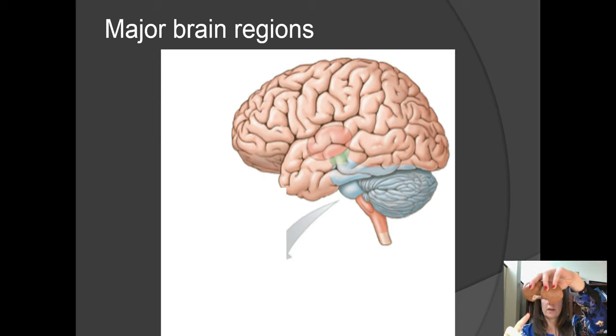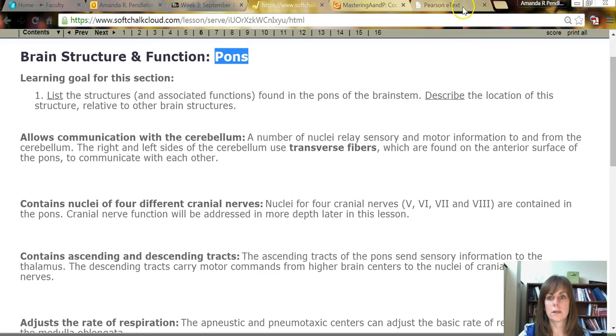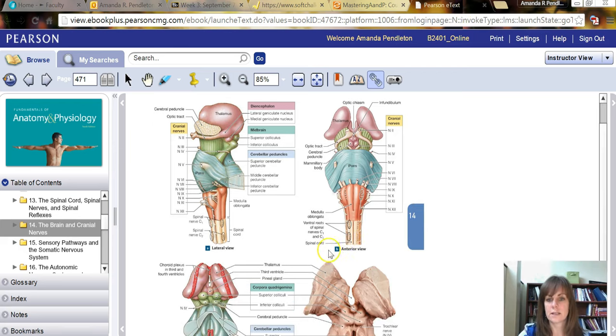And so those fibers are going to pass in front of the pons to connect the right side with the left side of the cerebellum. And if we look here at this figure, notice this is an anterior view, so it's the front side view. You see these fibers going across here, and that's helping to connect the right and left sides of the cerebellum.